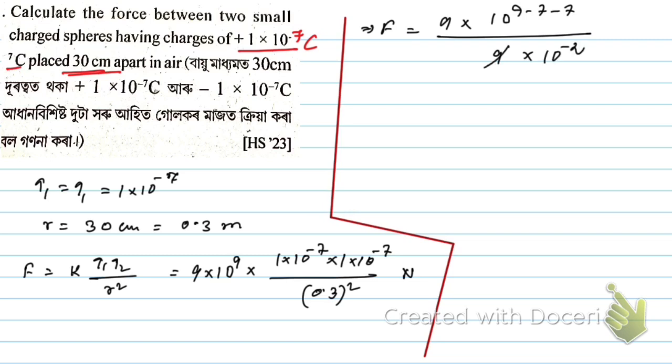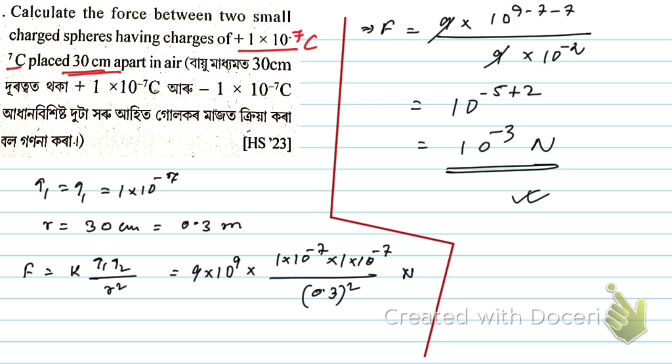So 9 gone, we're going to have 10 to the power minus 5 plus 2, that's going to be 10 to the power minus 3 Newton. So that should be the force. So this is the answer.